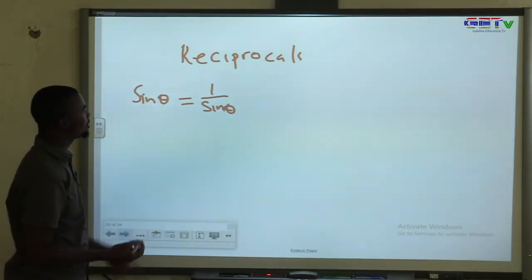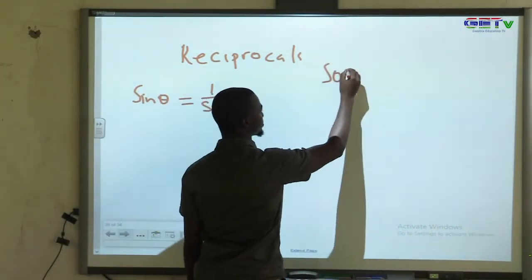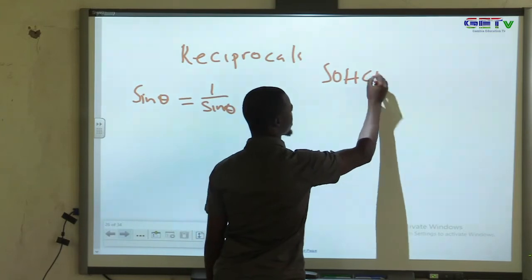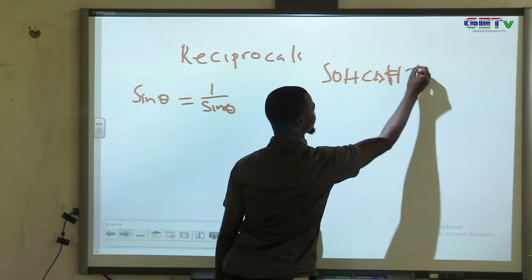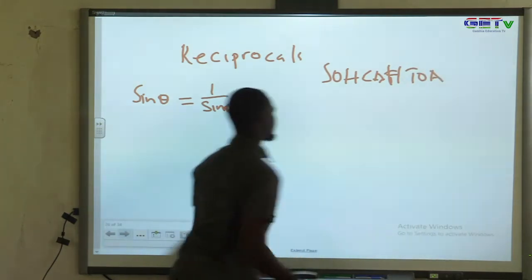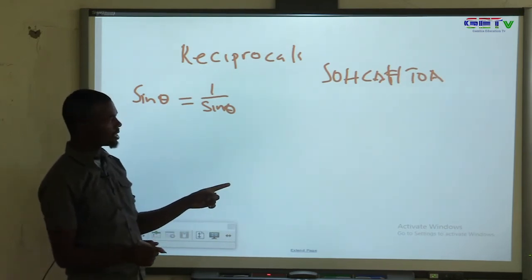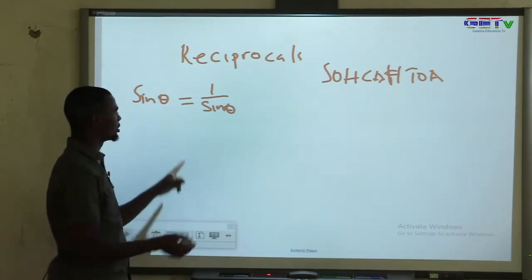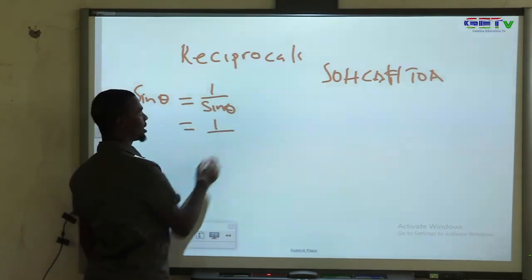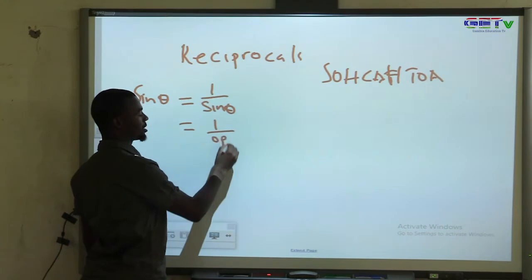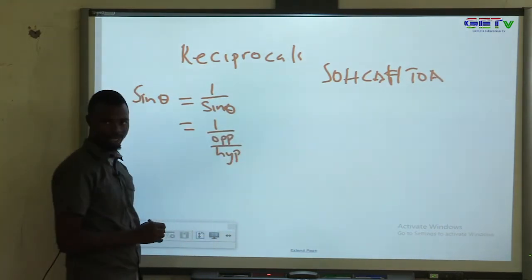Now you know previously that, if you follow the SOHCAHTOA, sine theta is the same as opposite over hypotenuse. So this will give us 1 over opposite over hypotenuse as our reciprocal.